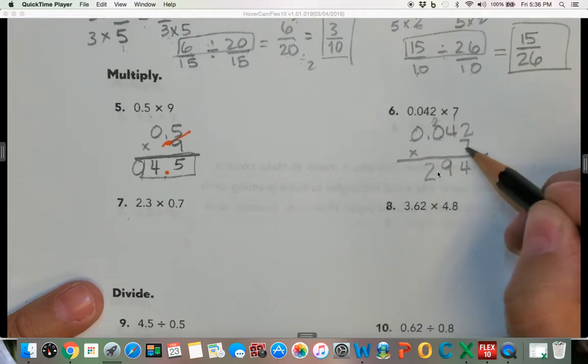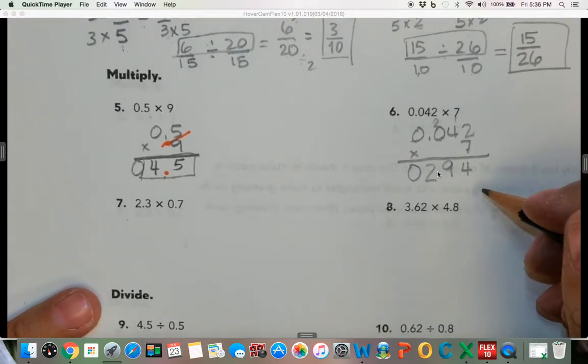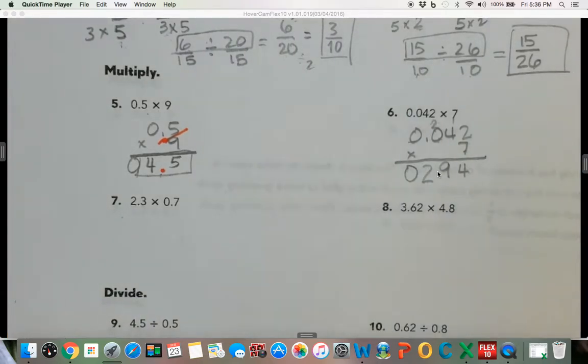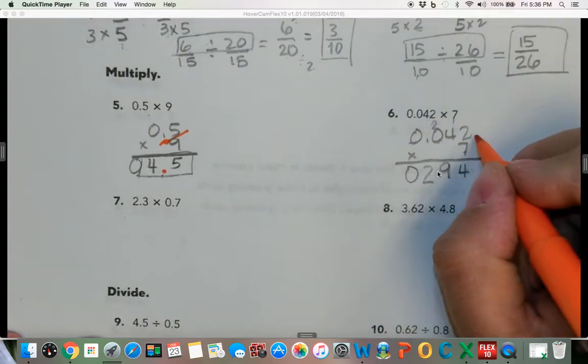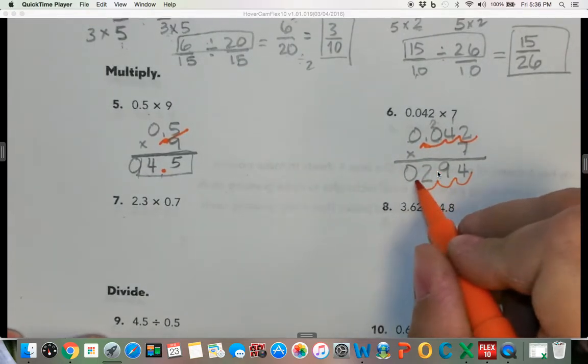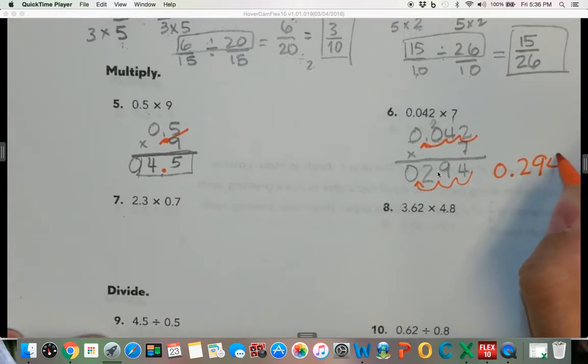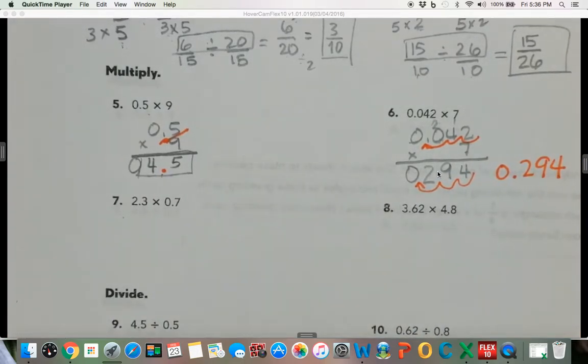And I can continue. 7 times 0 is 0. Now what I need to do is count my decimal places. 1, 2, 3. 1, 2, 3. So my number is 0.294. There's my answer.